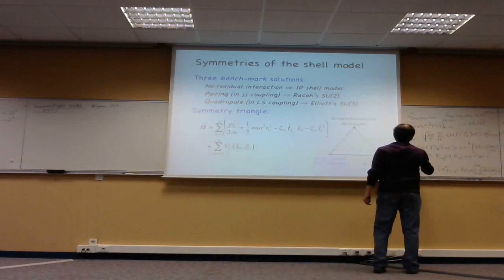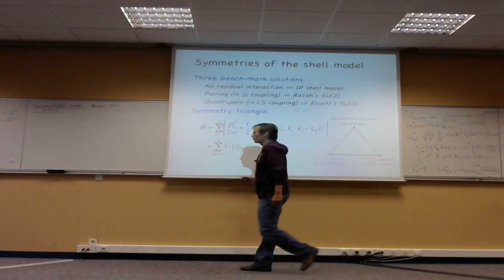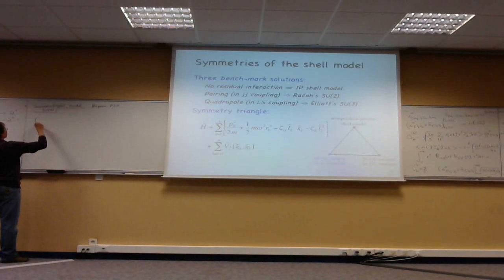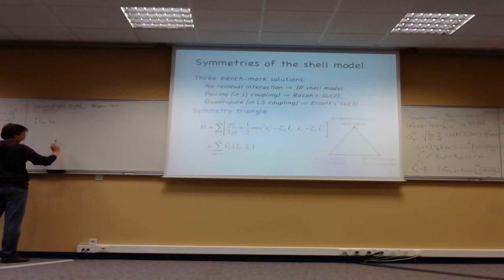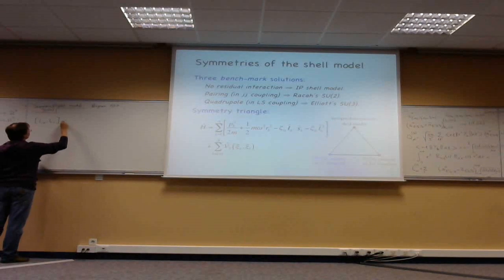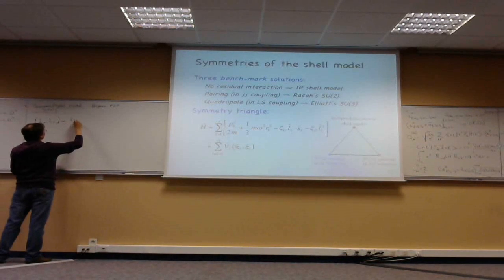So, okay, then you have Q and L, and you can of course convince yourself that this is proportional to, this is mu.